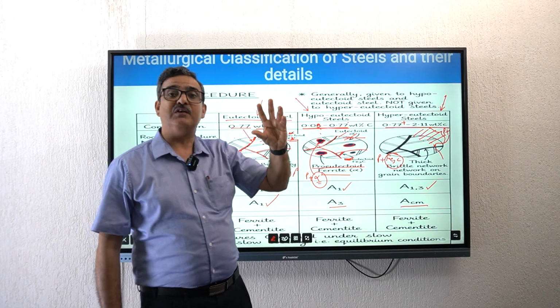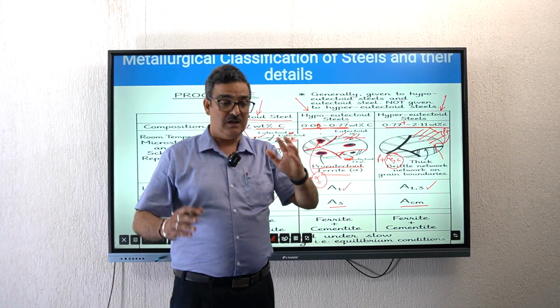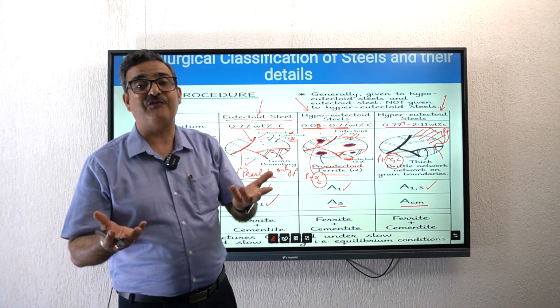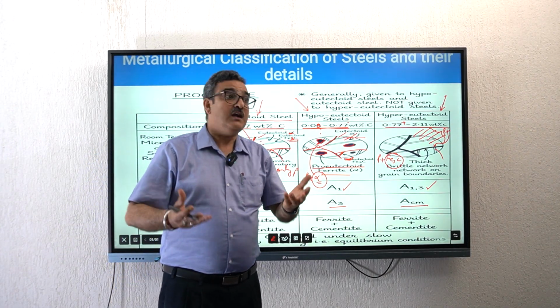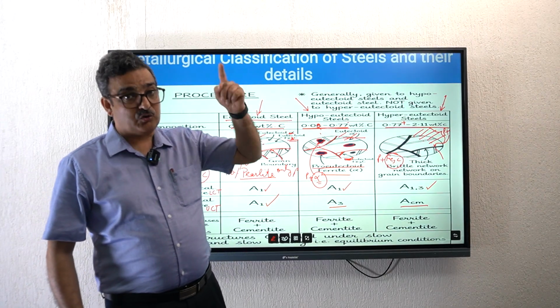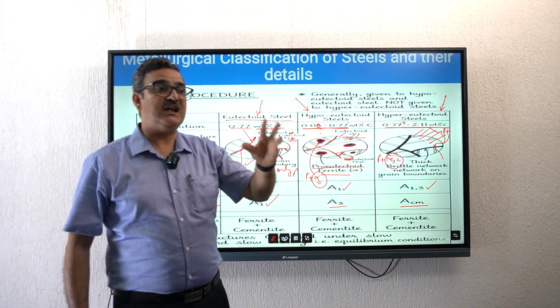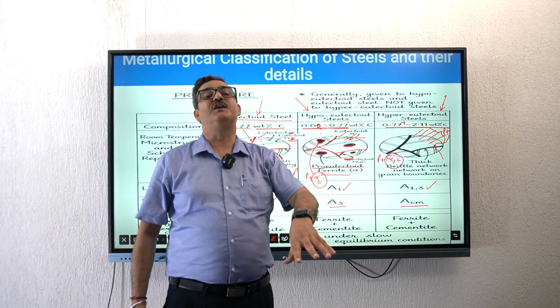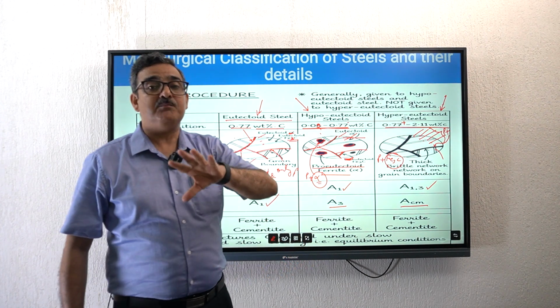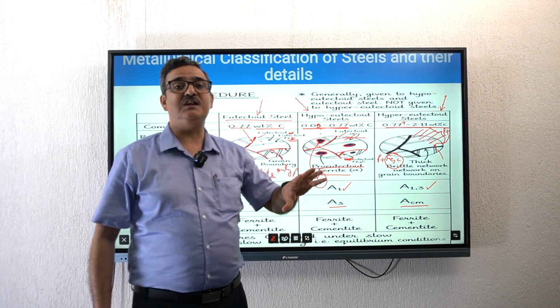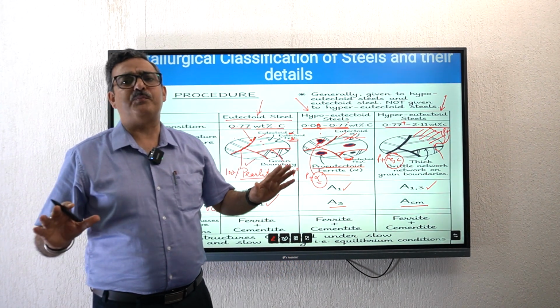No sooner do you come below the upper critical temperature than pro-eutectoid cementite gets formed, and as you are doing equilibrium cooling, it comes as a brittle network on the grain boundaries, impairing the ductility, toughness and all the mechanical properties of the steel.